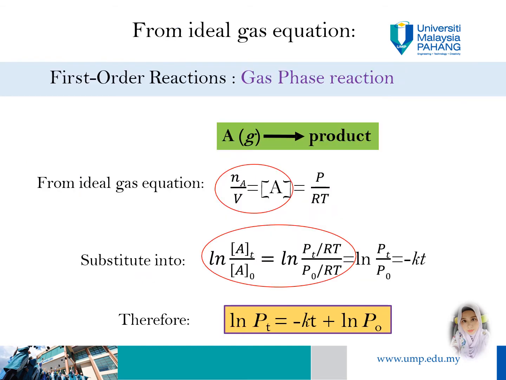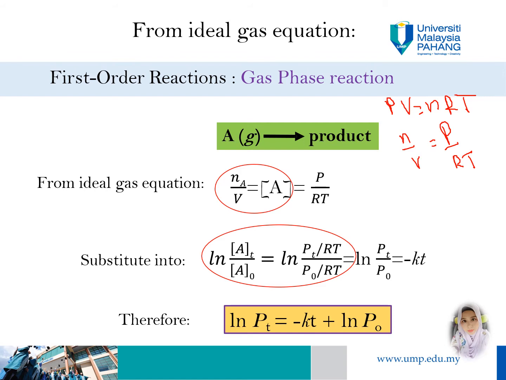So when you relate the first order reaction with the ideal gas equation, from the ideal gas equation, PV is equal to nRT. So n over V is equal to P over RT. So from this equation, ln of the concentration at time t over the initial concentration is equal to negative kt.